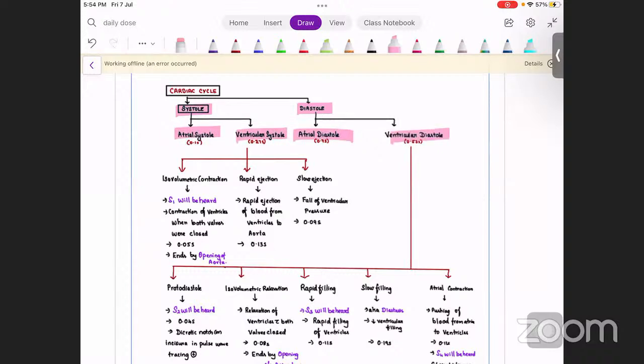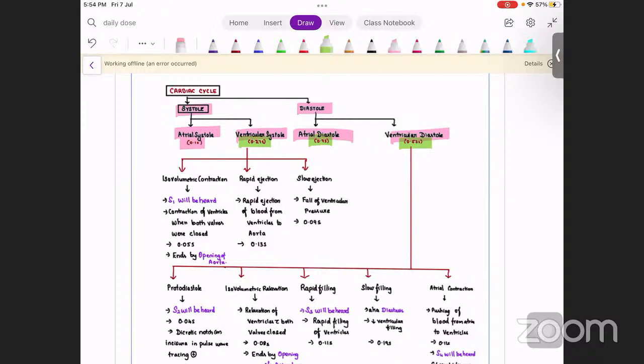Out of 0.8 seconds, atrial systole is 0.1, so atrial diastole is 0.7, and ventricular systole is 0.27, so ventricular diastole is 0.53.